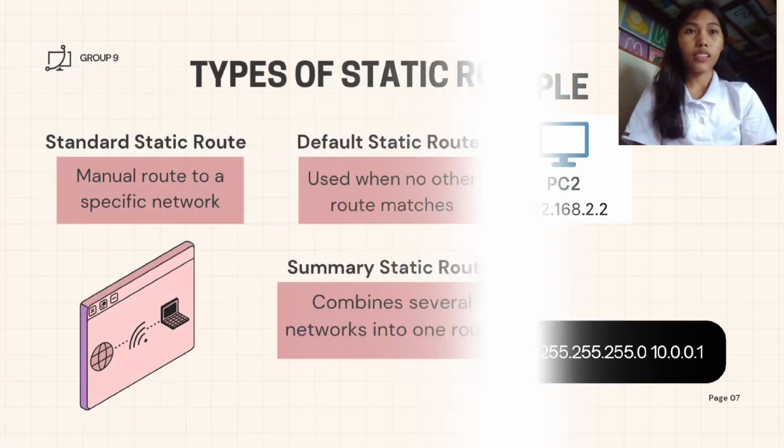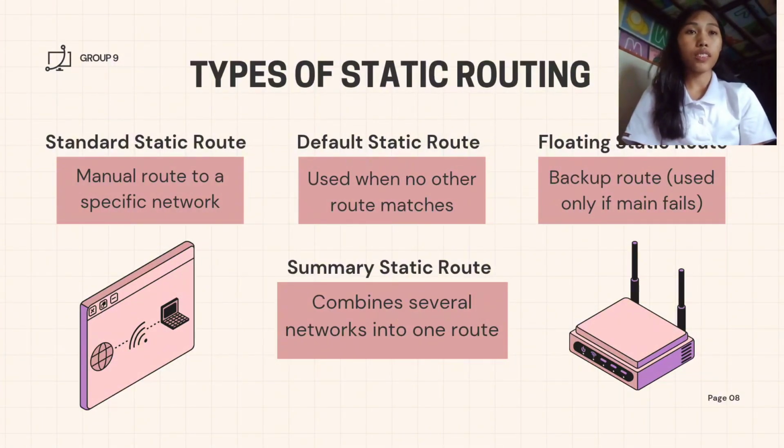So the next slide shows the types of static routing. First, the standard static route. This is a manual route that you set up to reach a specific network. You tell the router exactly where to send data for a particular destination. It's simple and commonly used in small networks.